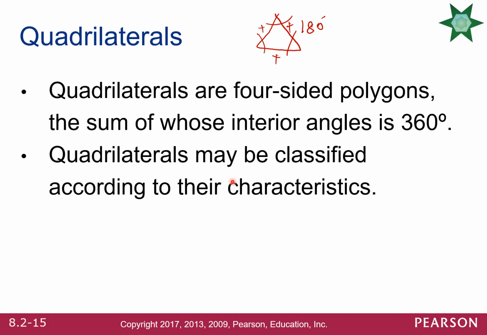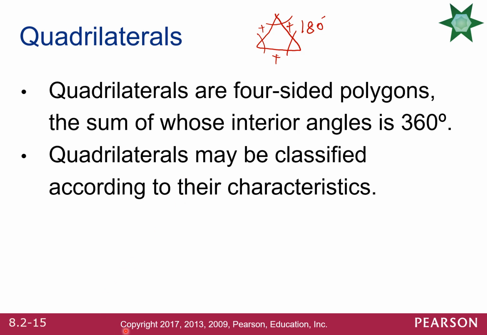Now, quadrilaterals may be classified according to their characteristics. For example, a square is a quadrilateral figure. It has four sides, but the special property of squares is that the sides are all the same. The length of the sides are equal to each other, and the angles are all 90-degree angles.